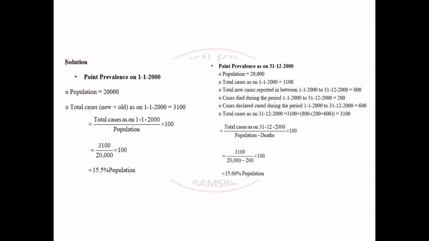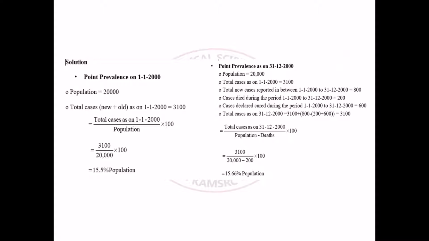And when we are coming to 31/12/2000, population is also 20,000 on 31/12. Total cases as on 1/1 is 3,100. Total new cases reported in between 1/1/2000 to 31/12/2000 is 800, and the cases which died are 200, and which were cured for that period is 600.